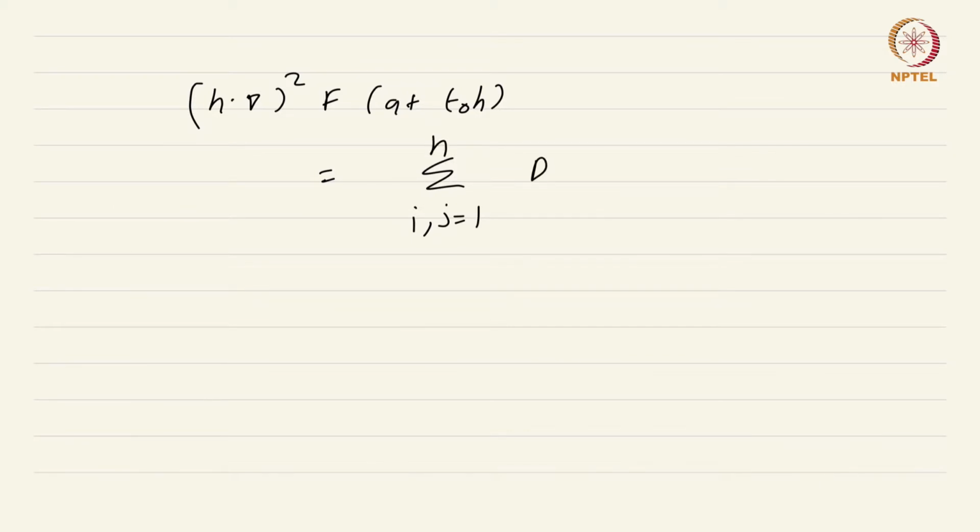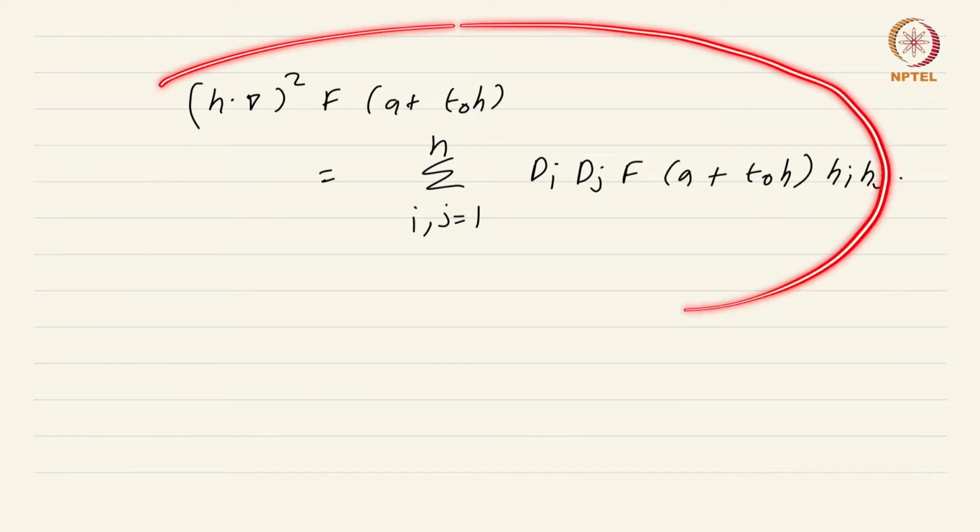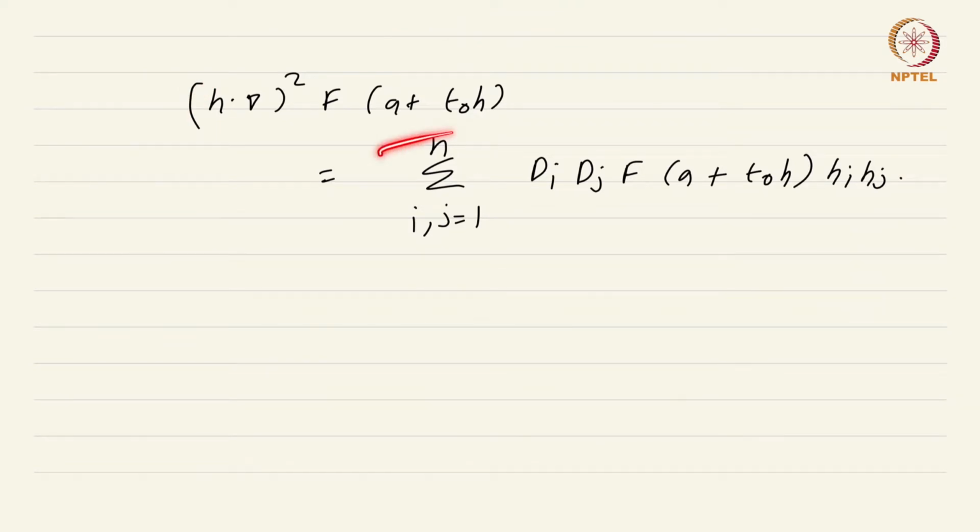Now a straightforward and utterly easy computation will tell you that this h dot grad squared f of a plus t naught h, this mysterious quantity, is none other than the summation over i, j running from 1 to n of di dj f of a plus t naught h multiplied by hi hj. I leave it to you to do this straightforward computation and conclude that h dot grad squared f at the point a plus t naught h is nothing but this big sum.